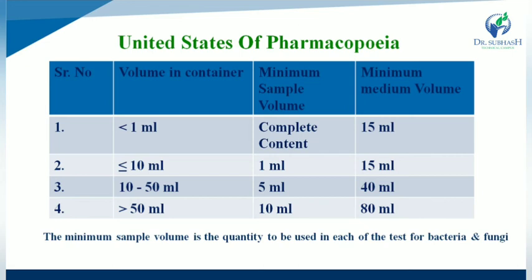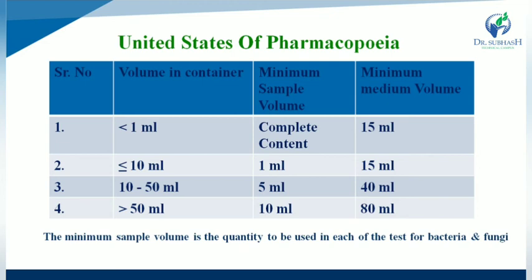For volume in container of 10 to 50 ml, the minimum sample volume is 5 ml and the minimum medium volume is about 40 ml. Lastly, for volume in container more than 50 ml, the minimum sample volume is 10 ml and the minimum medium volume is about 80 ml.